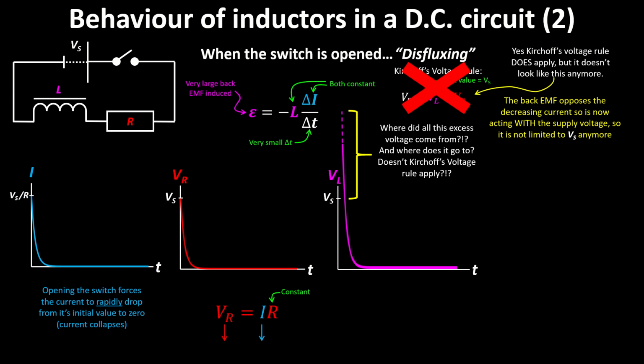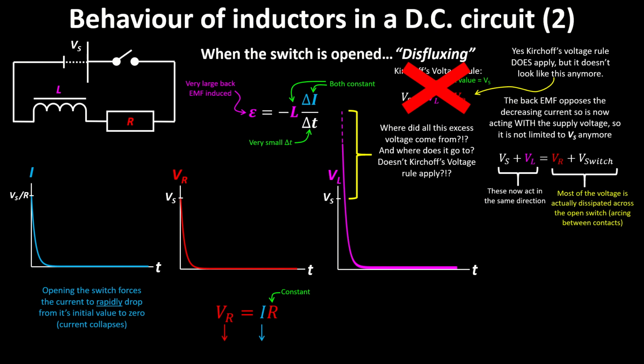Which means if you write Kirchhoff's voltage rule, we've now got Vs plus VL on one side, and we've got the things using the voltage on the other side. So Vs and VL in the same direction. On the other side, we've got VR, but that's not actually all of it, because there's actually another component in here, the switch.